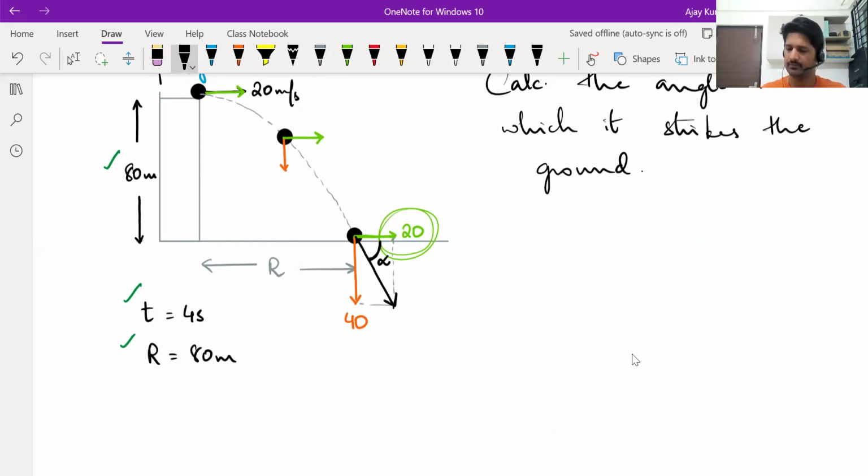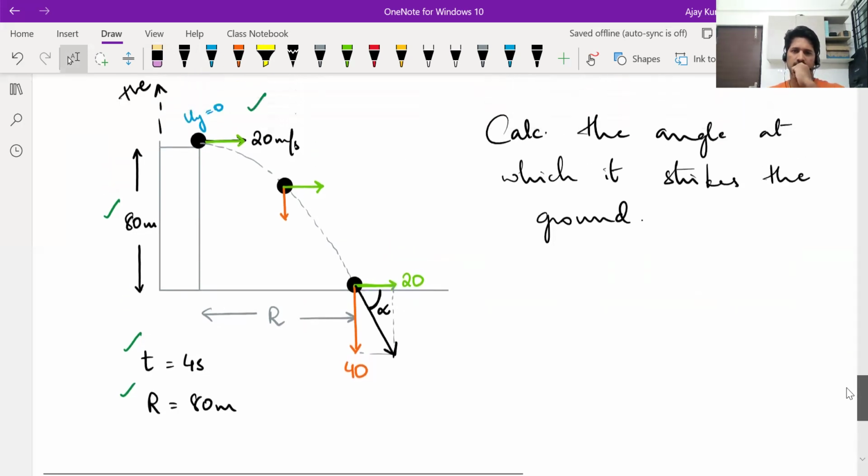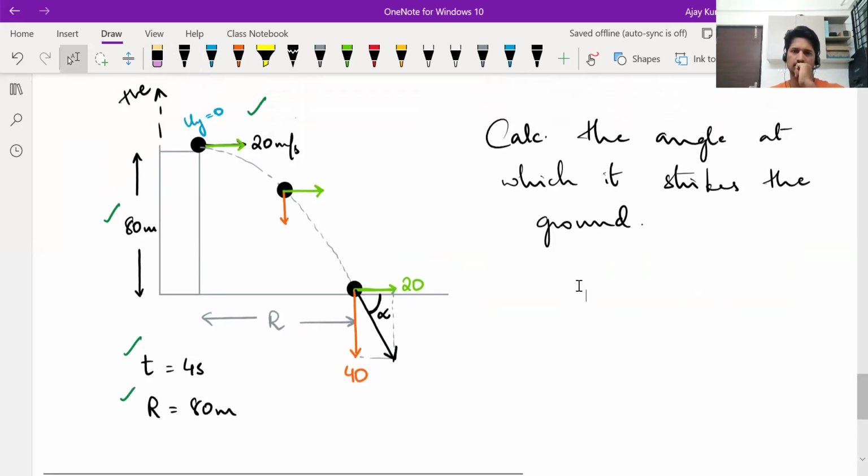Let's call it alpha. Try it, all of you. Calculate the angle alpha. It's basically a question of angle made by a vector with the x-axis. And you all know how to do it. Try to recollect and solve.